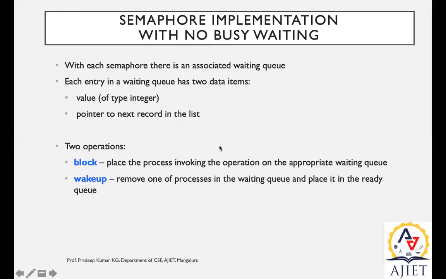Now, to have a better solution for this waiting, we can implement the semaphore with no busy waiting. With each semaphore there is an associated waiting queue. Each entry in the waiting queue has two data items: a value and a pointer to the next record.